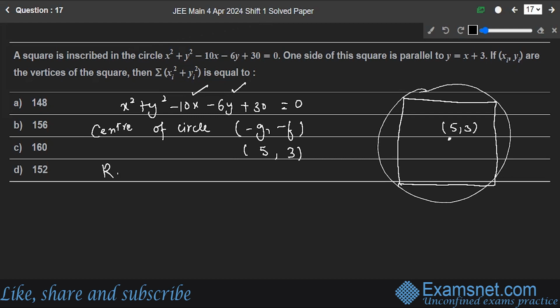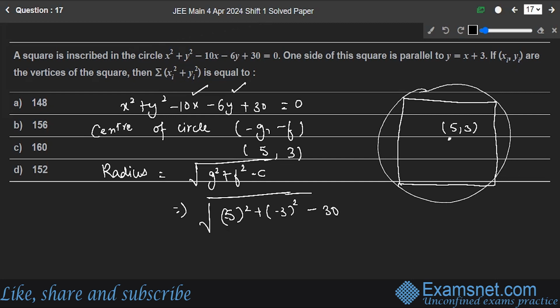Let's find out the radius now. It is given by root of g squared plus f squared minus c. So g squared is 25, plus f squared, minus 3 squared, which is 9, minus 30. This is 25 plus 9 minus 30, which will give me 4. That is root 4, which is 2. That means the radius is equal to 2.